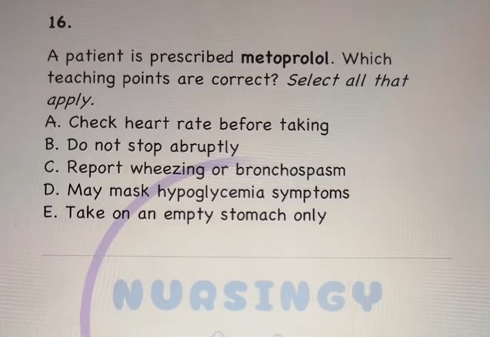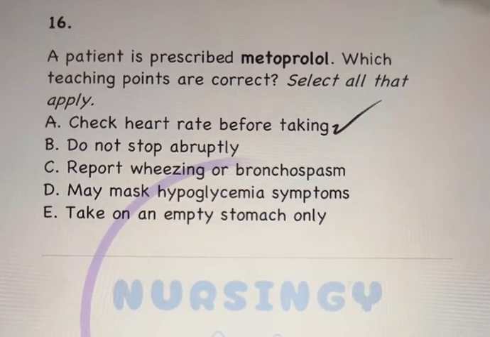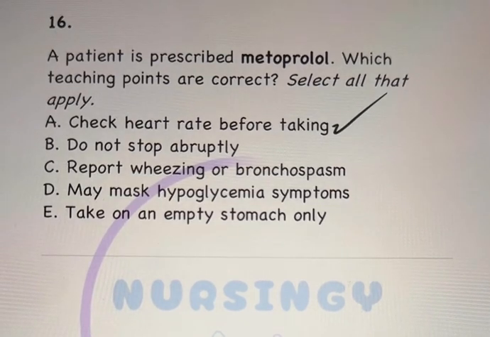Yes, so definitely it's going to affect the heart rate, so we need to check it. What should the pulse be? At least 60. You can hold it if it is less than 60. B, do not stop abruptly. What will happen if we stop it abruptly?